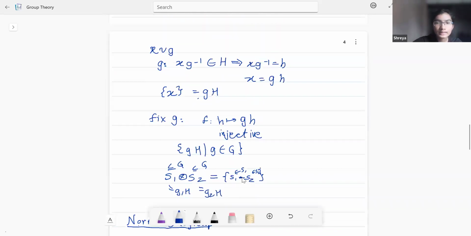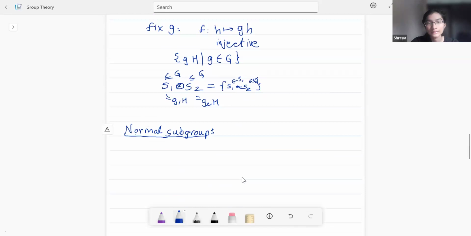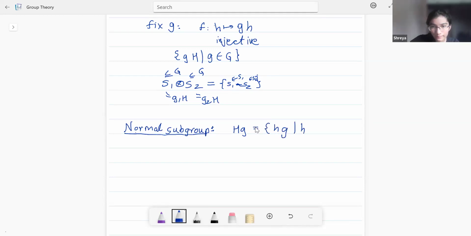Here we had this multiplication on the left, right? So we defined GH, just multiplication on the left. Now we can also do multiplication on the right, because why not? That would just be the set Hg.